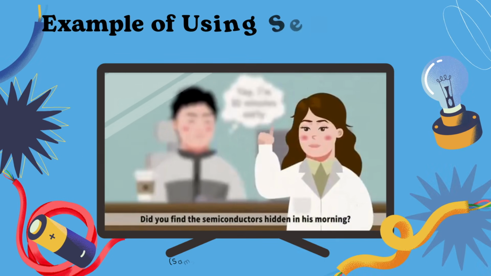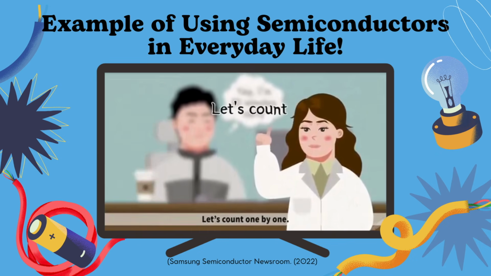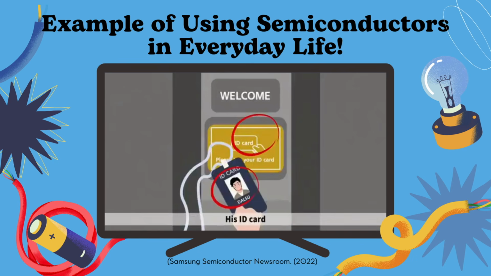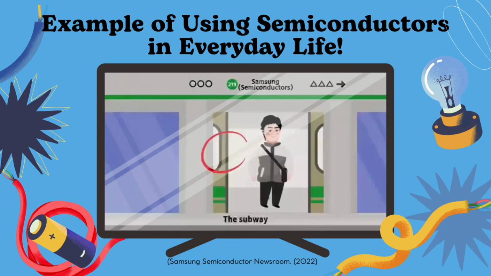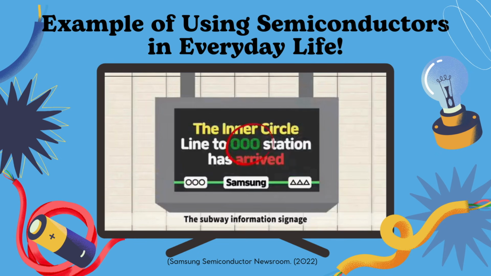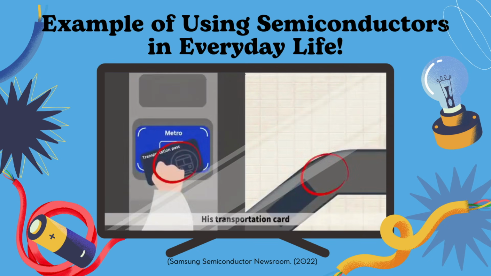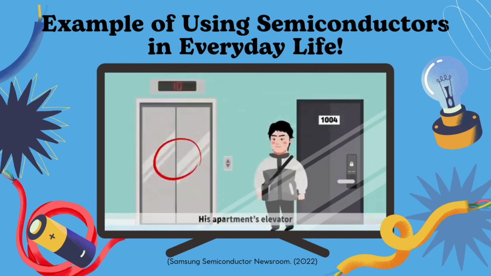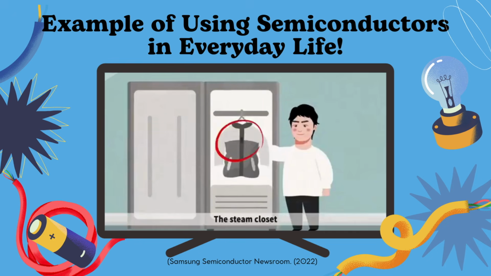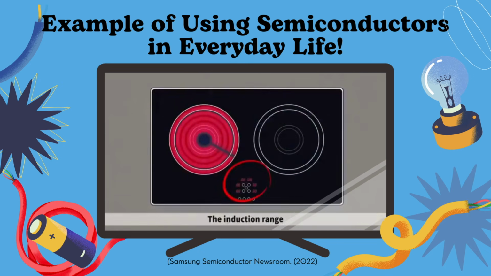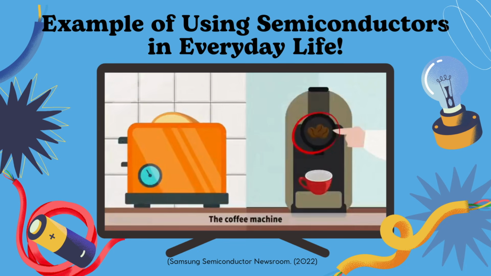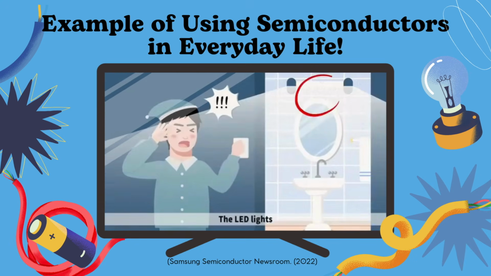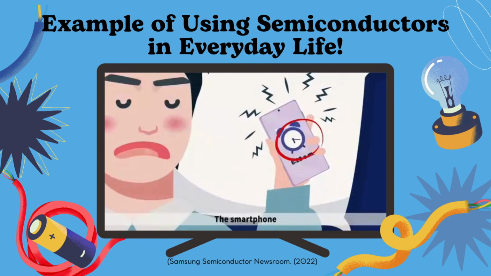Did you find the semiconductors hidden in his morning? Let's count one by one. The firm's elevator, the company's entrance gate, his ID card, the automatic door, the subway information signage, the escalator, his transportation card, the subway gate, his Galaxy Buds, his apartment's elevator, the door lock, the steam closet, the induction range, the refrigerator, the coffee machine, the toaster, the water purifier, the hair dryer, the LED lights, and even the smartphone.